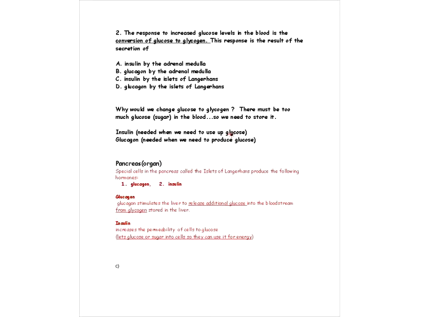Now insulin is always produced when we have lots of glucose in the blood. Remember, insulin is kind of like a key that allows the glucose to enter the cell. Okay, so it goes from the blood into the cell and allows the cell to be able to use glucose. Whereas glucagon is when we want to produce more glucose.